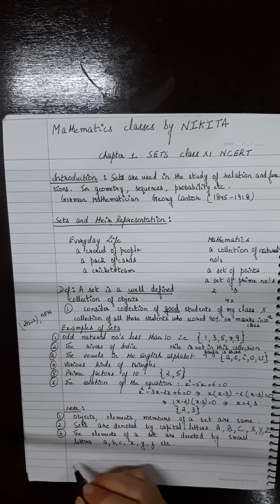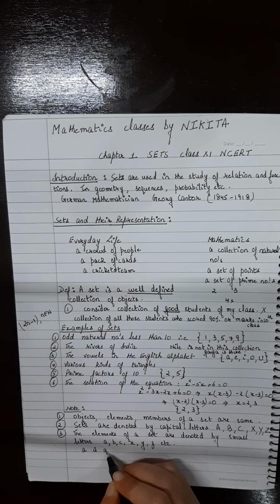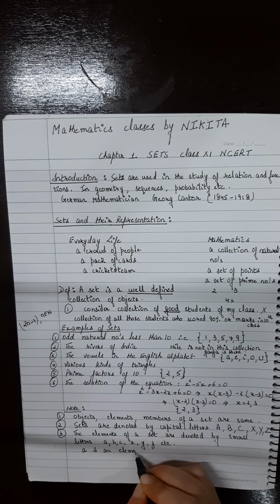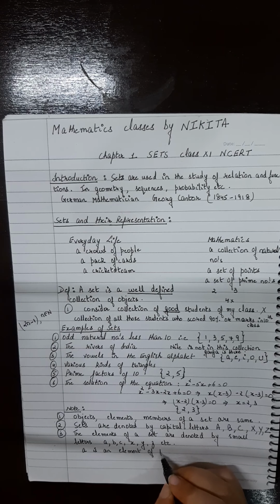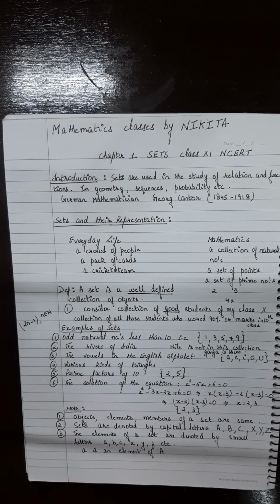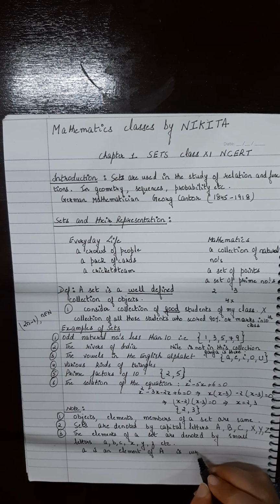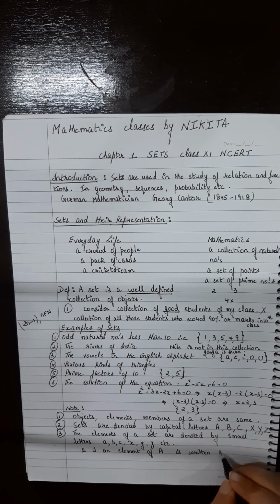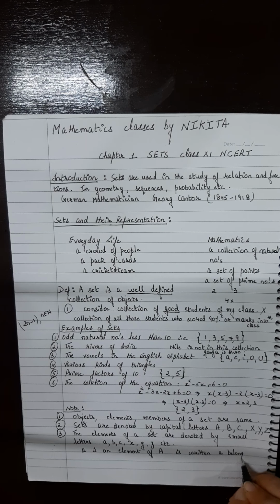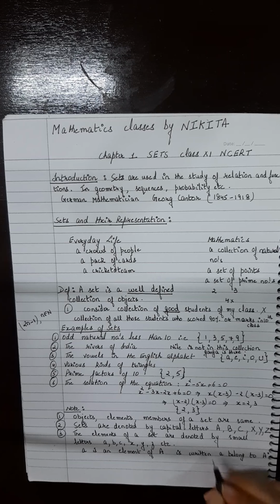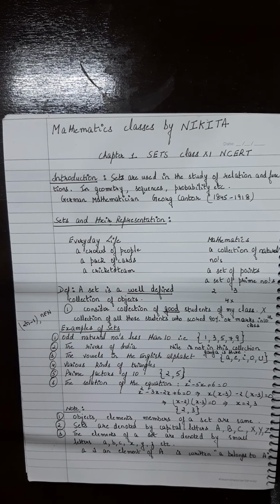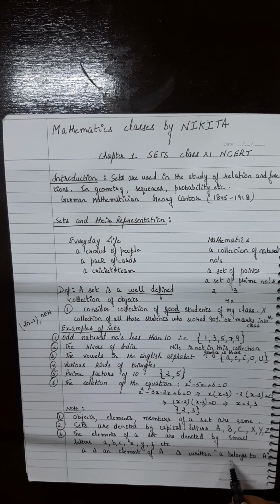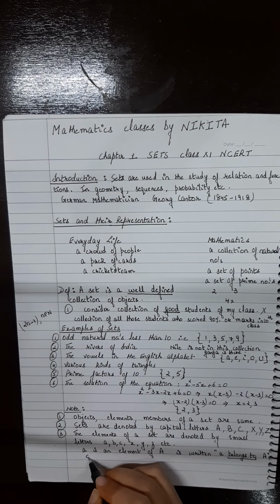Also note one thing, if I say that small a is an element of a set capital A, mathematically you write the things differently. a is an element of A is written as a belongs to A. Now there is again a symbol in mathematics to write this term, a belongs to A, and there is a Greek symbol known as epsilon.